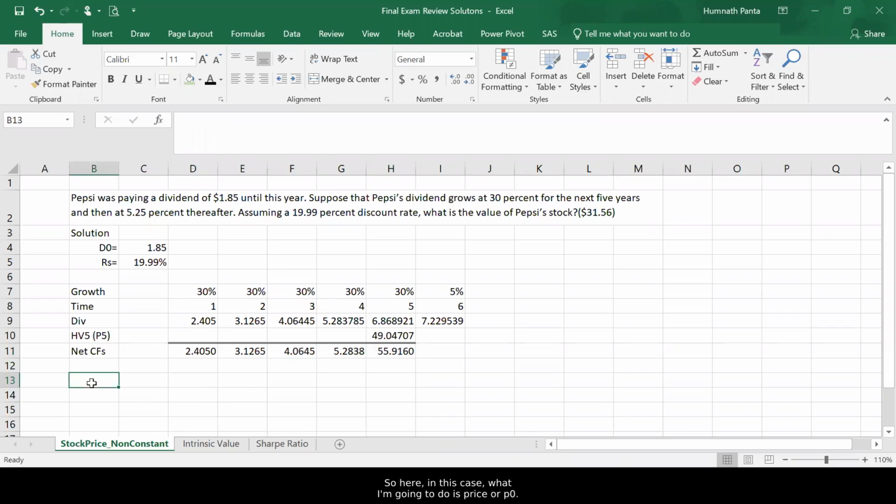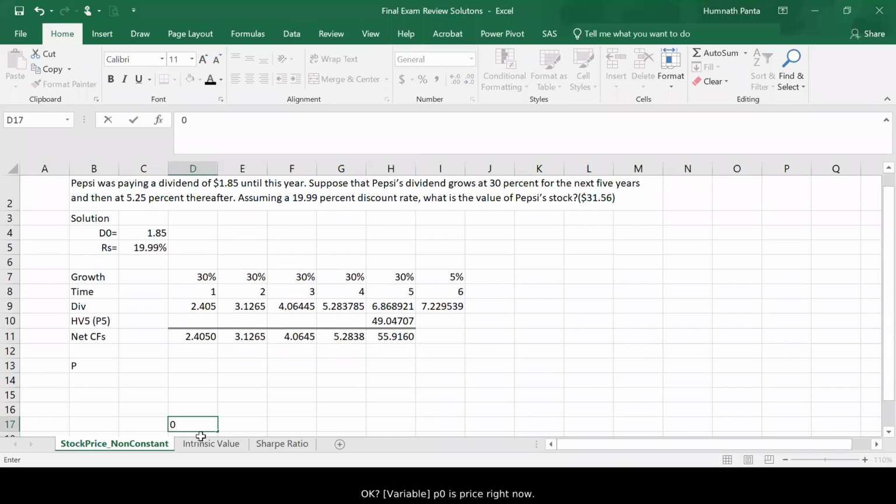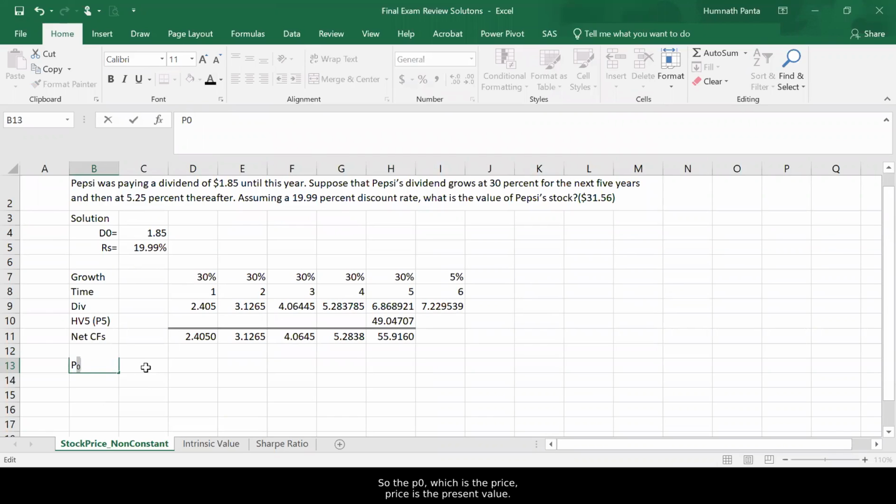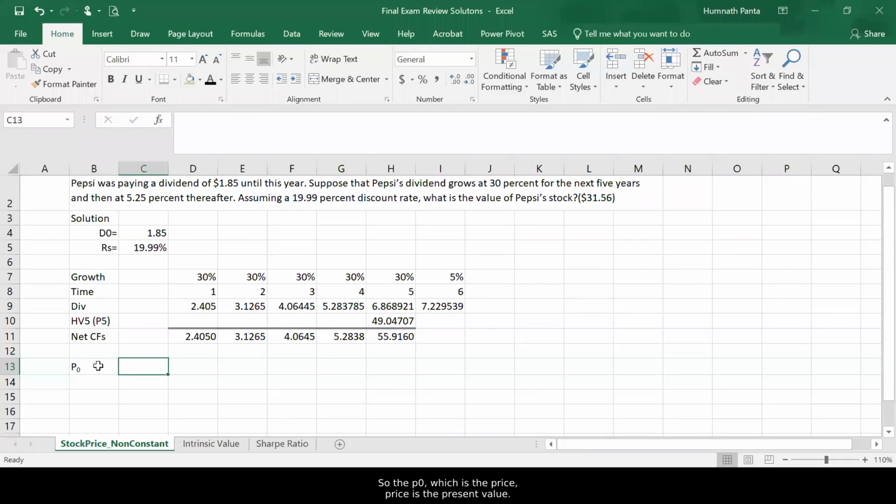So here I'm going to write price, or P0, the price right now, with 0 as a subscript. The P0, which is the price, is the present value at time 0. I'm going to calculate the present value of the uneven cash flows using the NPV function.